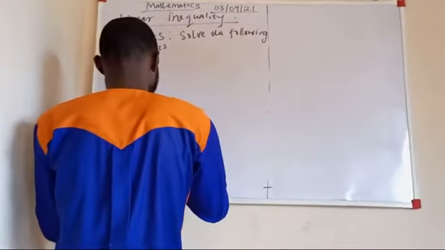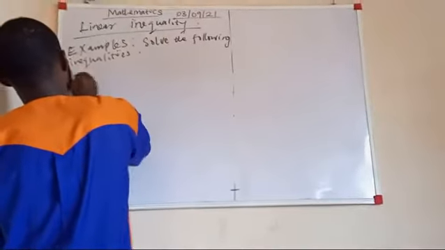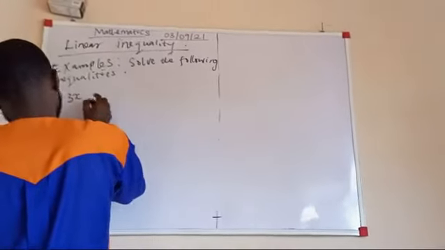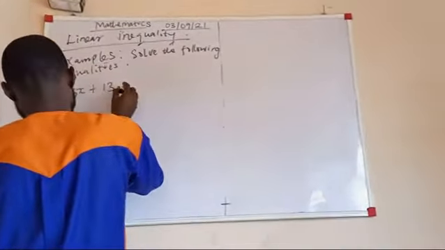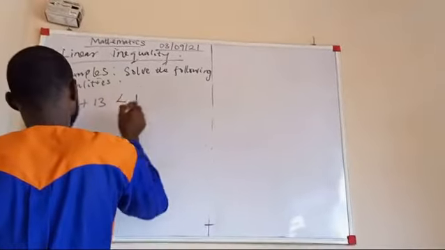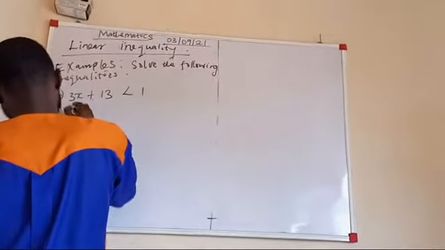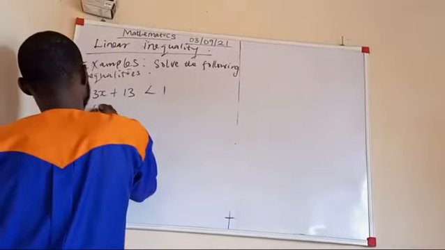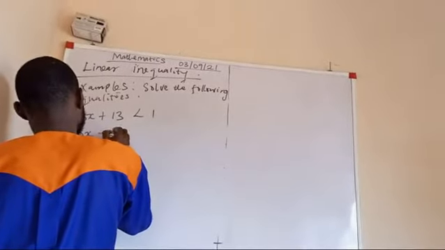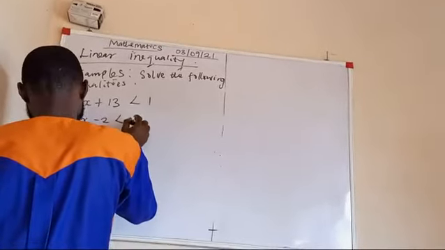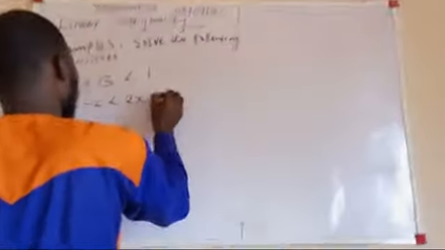Okay, so at this point, we have the first one: A, 3x plus 13 is less than 1. B, 6x minus 2 is less than 2x plus 8.